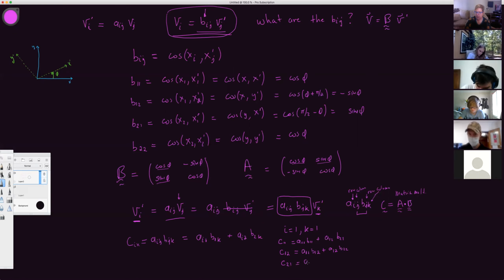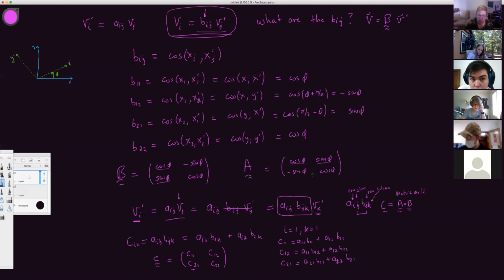That's A21, B11, and then we have A22, B21. Yeah? Let's check that again. So remember, this is the C matrix, right? So C looks like C11, C12, C21, C22, right? So C21 is this guy right here.